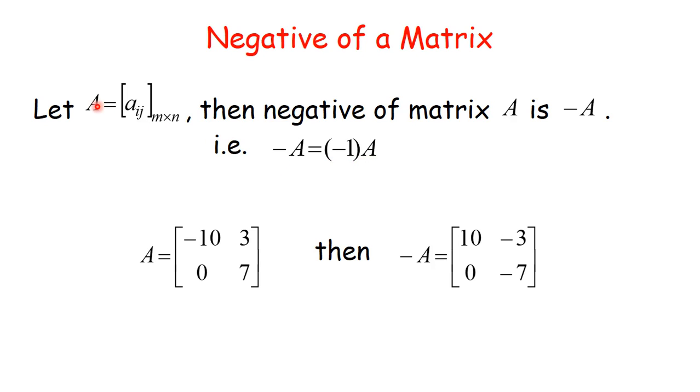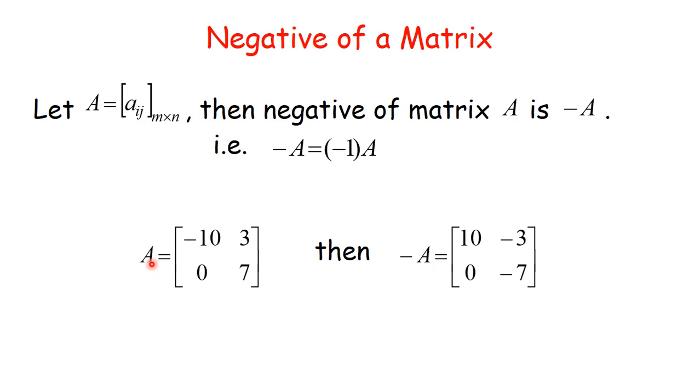Means suppose you are given a matrix A, and the negative of your matrix A is obtained by multiplying the scalar minus one to each element of your matrix A. Okay, so I can say that the negative of a matrix is the scalar multiplication of a matrix, yes, where that scalar is minus 1.